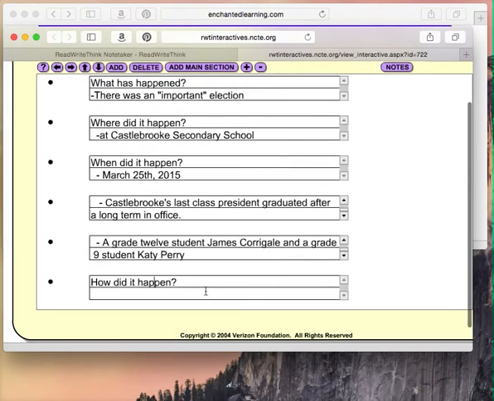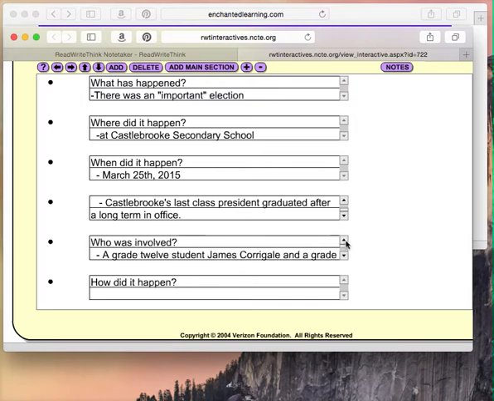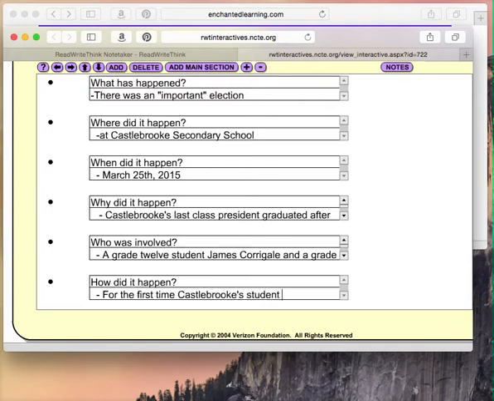Remember, we're trying to create news. There we have who was involved. Another way we can create news is to try to think of a first time. We'll say for the first time, Castlebrook's Student Council used e-voting. So again, that's something that has impact because it's the first time it's been done that way.